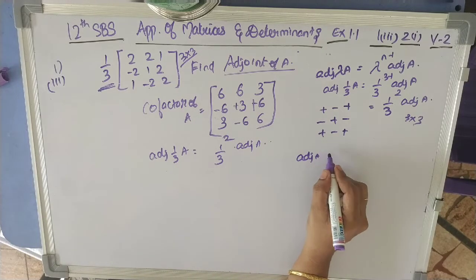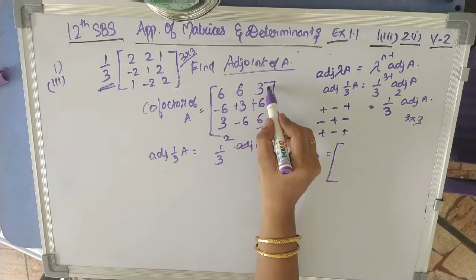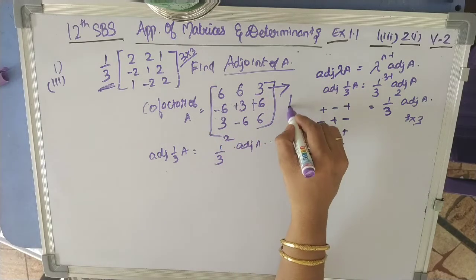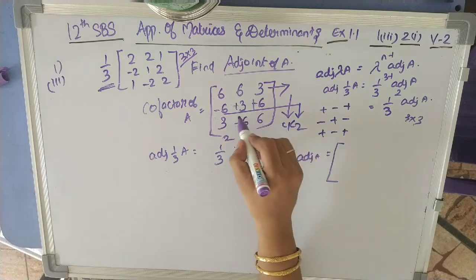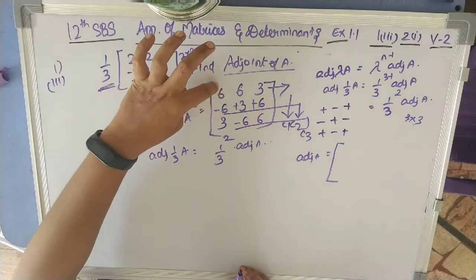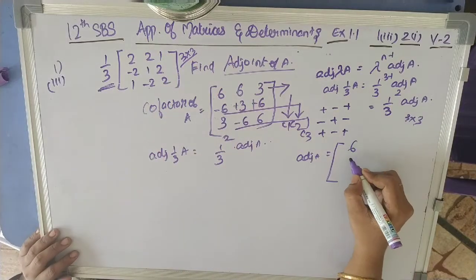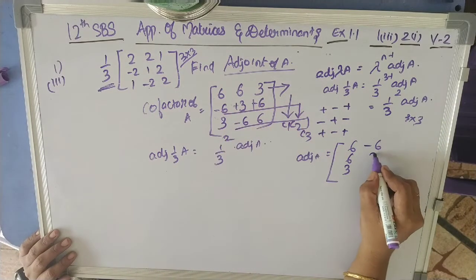What is adjoint of A? How can you find that from the cofactor? Here the row 1 in the cofactor will become the column 1 in adjoint of A. The row 2 in the cofactor will become column 2 in the adjoint of A. The row 3 will become the column 3 in the adjoint of A. Now I am writing the row 1, 6 6 3, as the column.